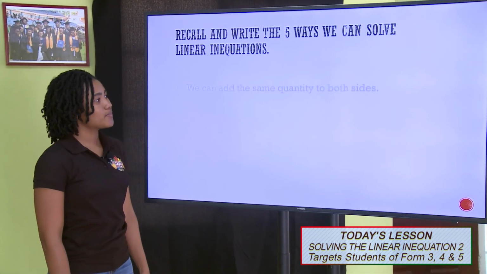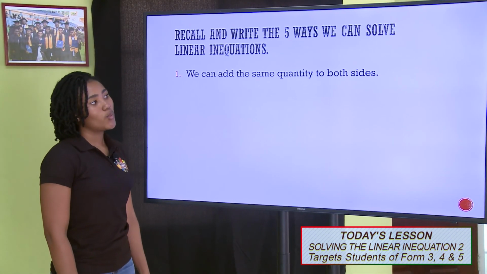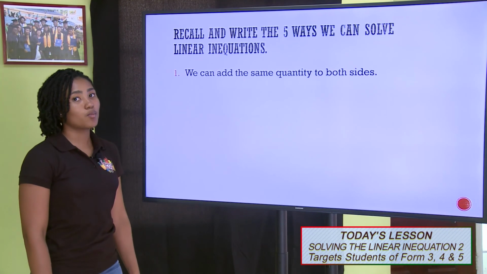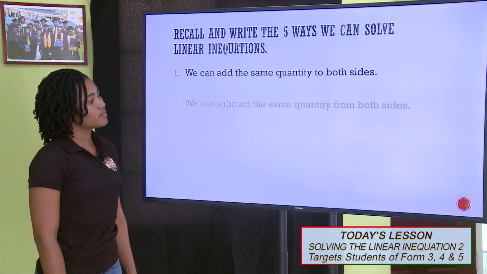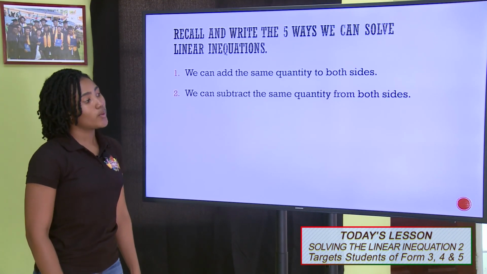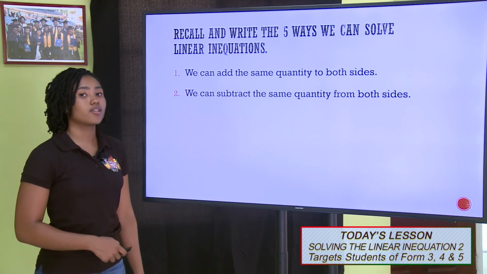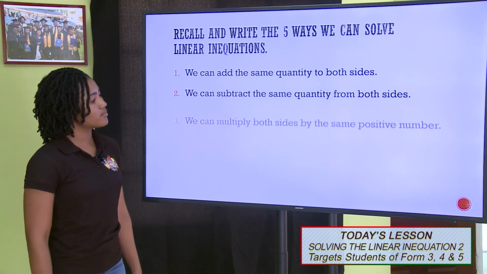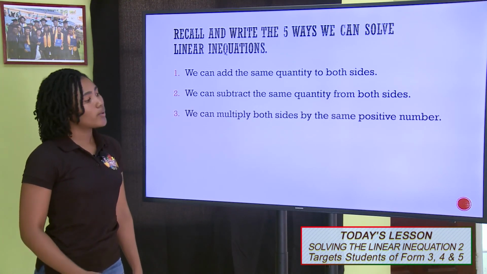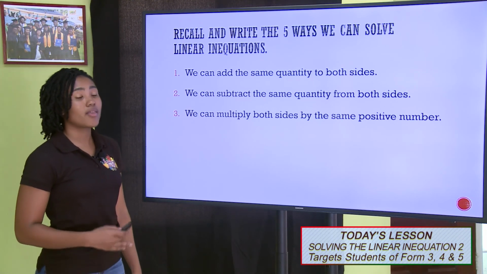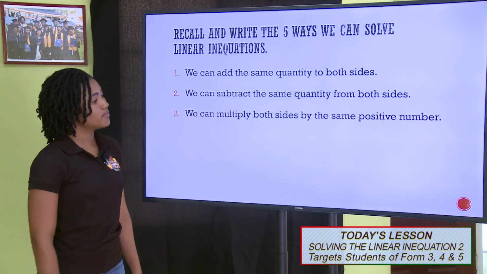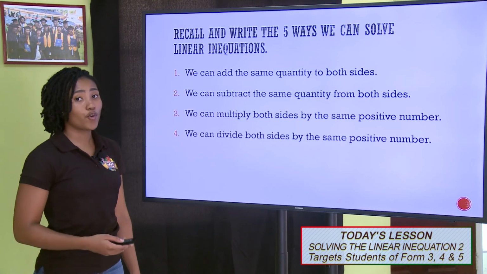Read with me. 1. We can add the same quantity to both sides. 2. We can subtract the same quantity from both sides. 3. We can multiply both sides by the same positive number. 4.